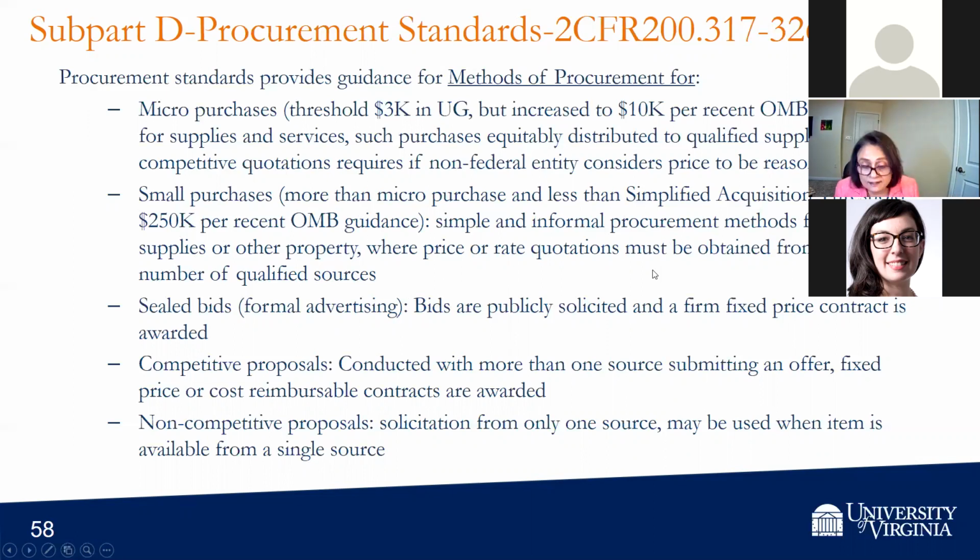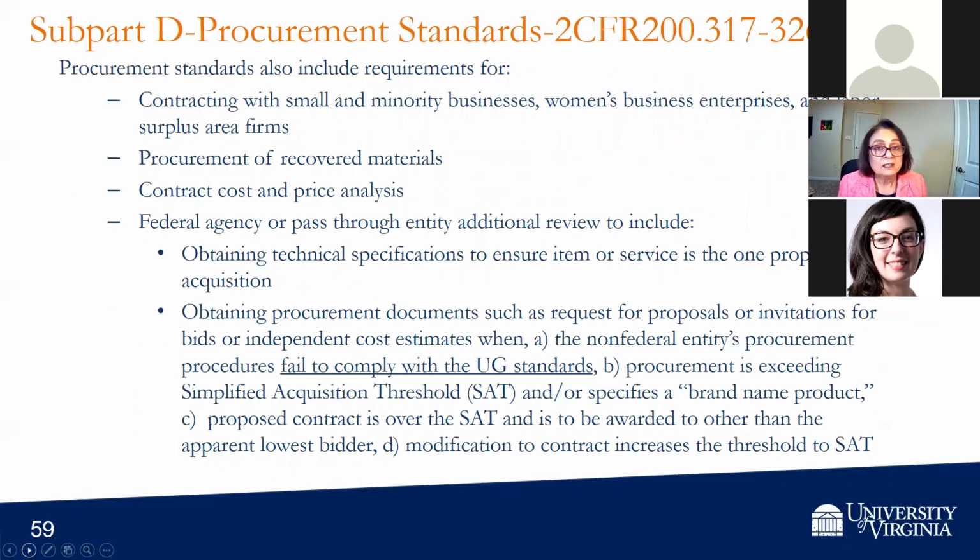We do need to have simple and informal procurement methods for services and supplies, where price or rate quotations must be obtained from an adequate number of qualified sources. See, they did not explain what is an adequate number. I can say 2, or some other university saying 3. So these are the methods of procurement that are included under the procurement standards.